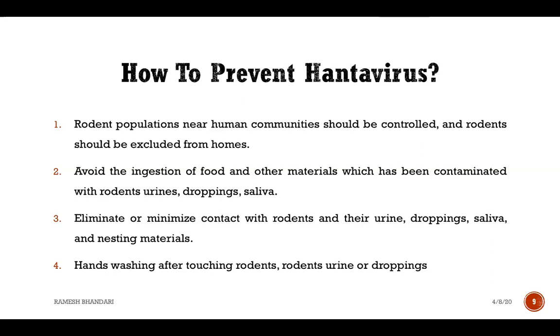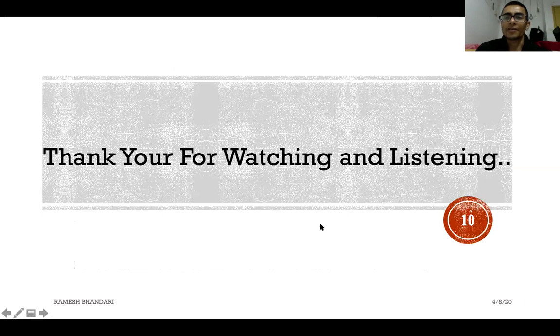If you follow these control and preventive measures, we are sure to control hantavirus infections.